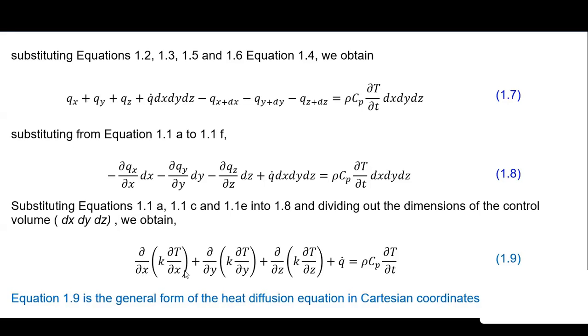And in that case one more simplification is possible: if you consider that k is a constant, independent of direction, then this k can be taken out and this equation will become del square T upon del x square is equal to 0. So this is how we can reduce to the different forms.